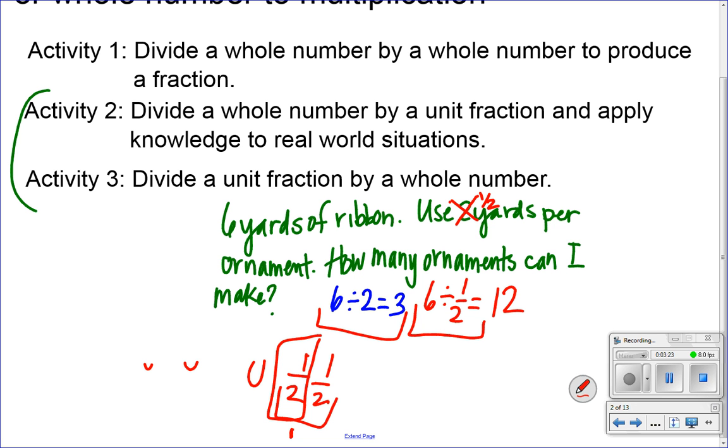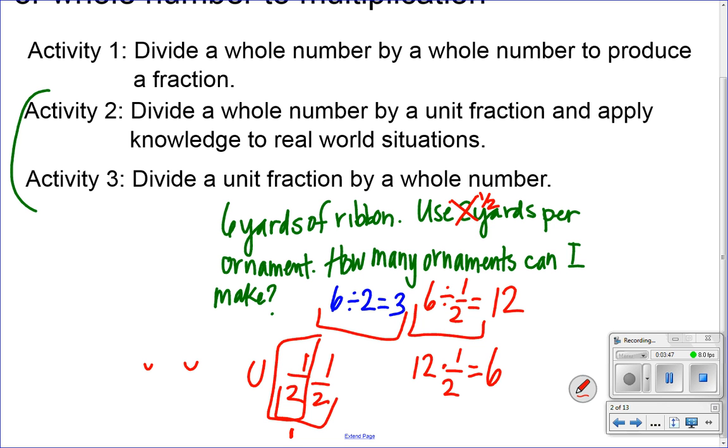Because we're dividing the number 6 by a number less than 1. So there will be more than 6 of these tiny pieces. So it's the same as, look, 12 times 1/2 equals what? 6, right? Which is the opposite of this equation.